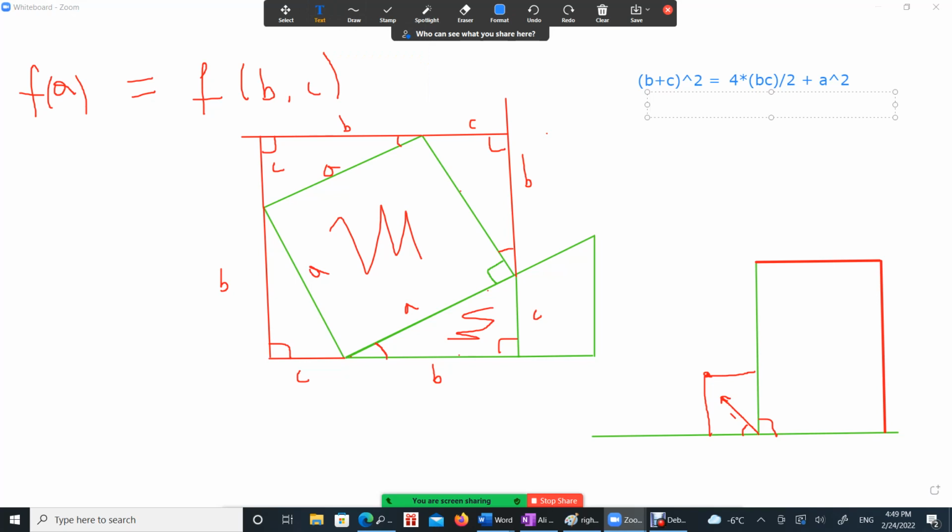There was an error, I'm sorry for that. It would give b squared plus c squared plus 2bc, it's a matter of expanding a binomial.